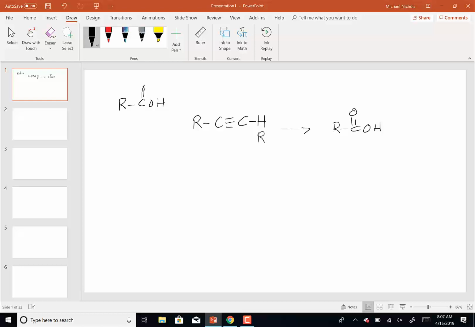Reducing reagent? No, I want the opposite. I want a really strong oxidizing reagent that we've already said this morning. David? KMnO4, chromium 6, the really strong ones. Anything with a chromium 6 plus in it will cleave the triple bond and make a carboxylic acid.